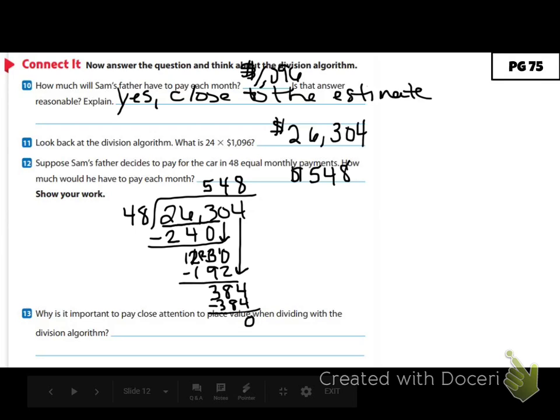Number 13, why is it important to pay close attention to place value when dividing with the division algorithm? Well, because the position of the digits tells you the values of the numbers.